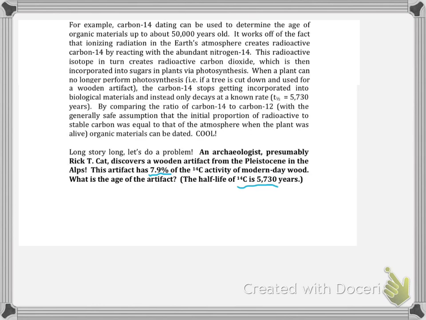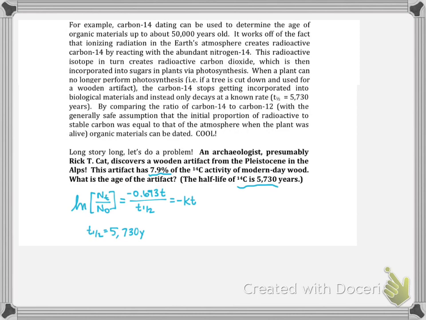So let's just start with our first-order kinetics equations. This is just our rearranged first-order equation. And the other information that they give us is the half-life of carbon-14. And then they give us information about the activity of the artifact. When I see that 7.9% activity, it's what it has compared to what it would have if it were made today.